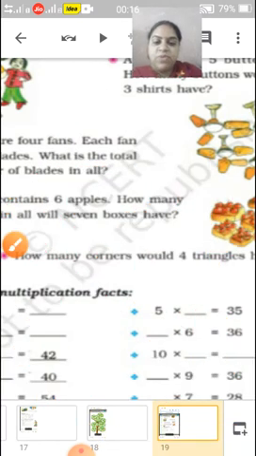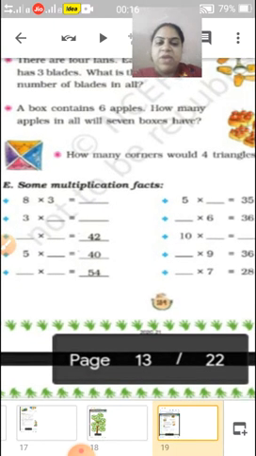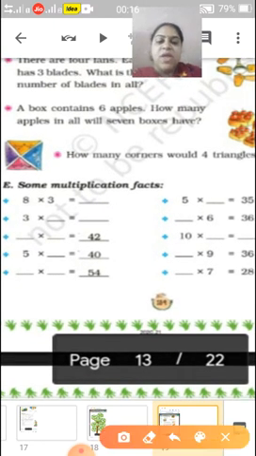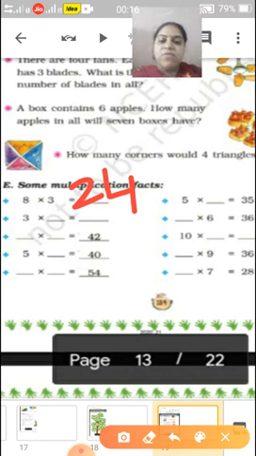Now come to next. Some of the multiplication facts. 8 times of 3 means 8 threes are 24. 3 times of 2 is 6.